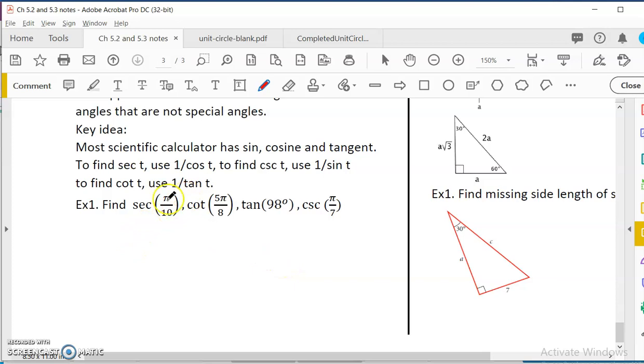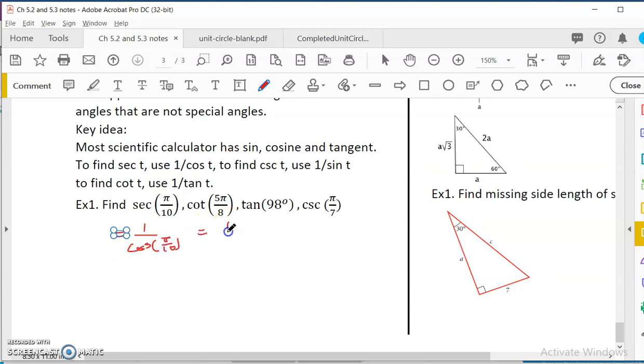So again, if I have pi over 10, which is not in the unit circle at all, or like 98 degrees, how do I do it? I would use the properties of the trig functions. Secant is actually the reciprocal of cosine, so it would be equal to 1 over cosine of pi over 10, right?